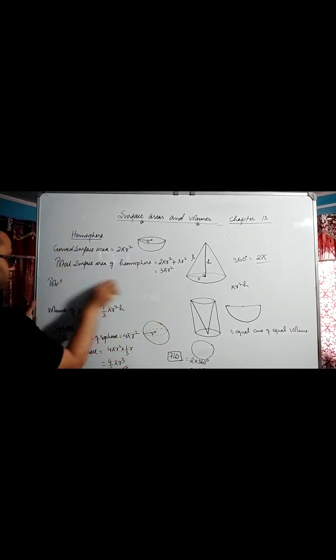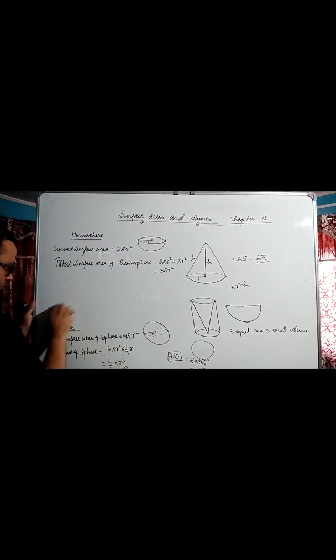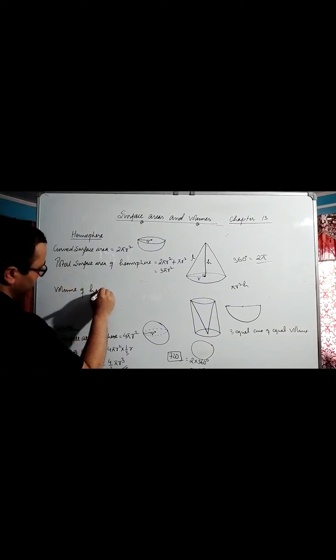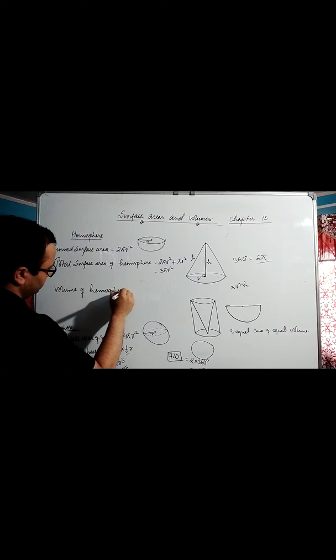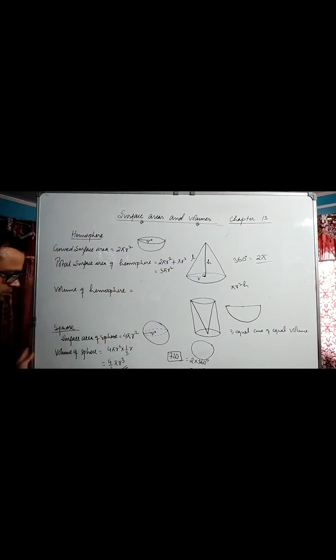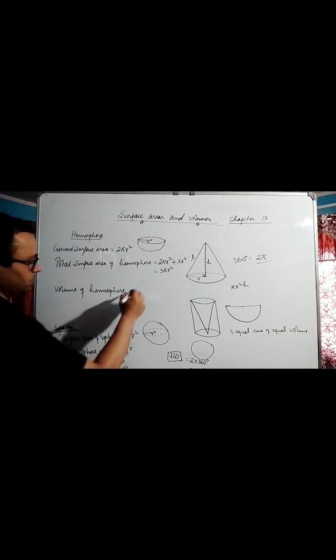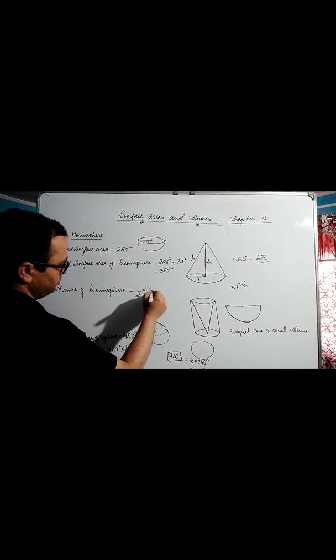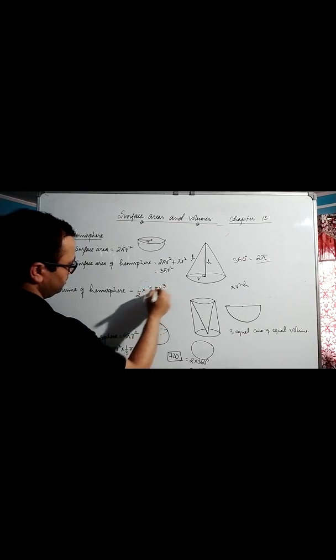Now the last is volume. The volume of a hemisphere is half of the volume of the sphere. The volume of the sphere is 4 by 3 pi r cube, so half into 4 by 3 pi r cube.